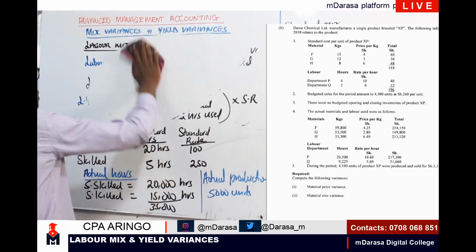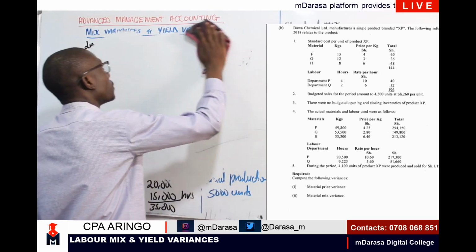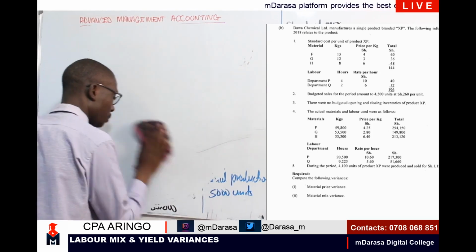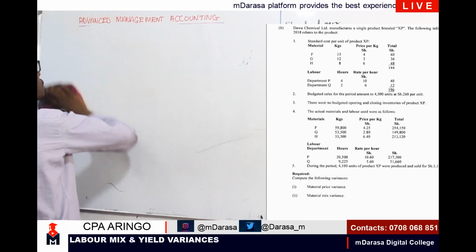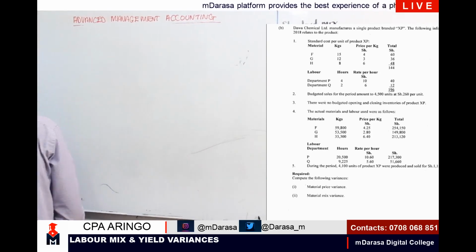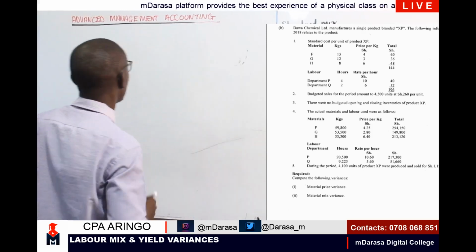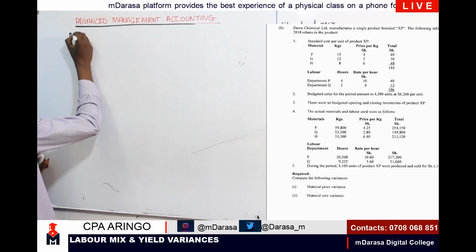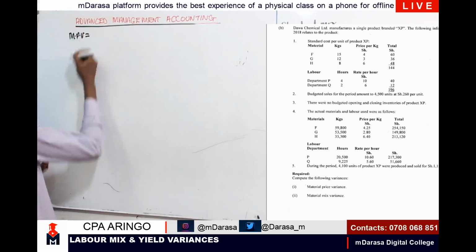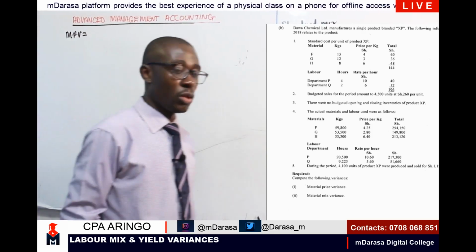So allow me to erase here. The first thing that the examiner wants us to do is to compute material price variance. And you know very well, anytime you're talking of material price variance, basically, what are we looking at?